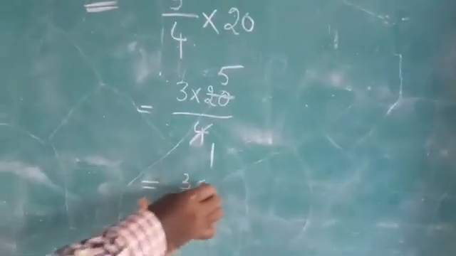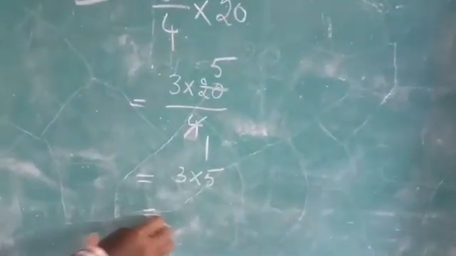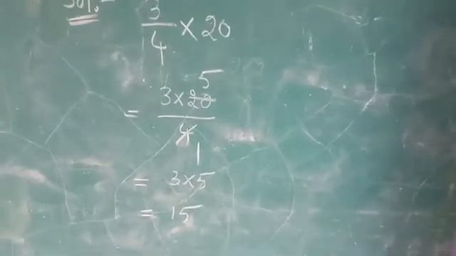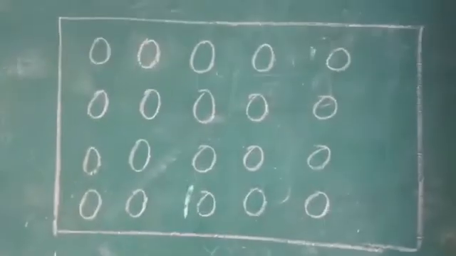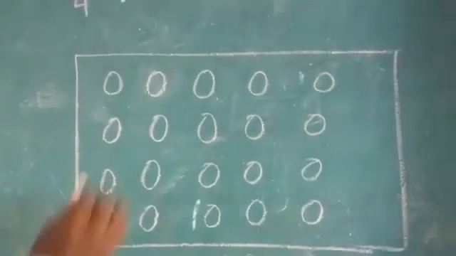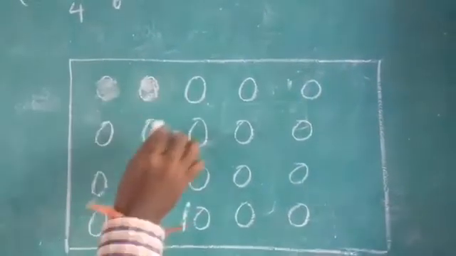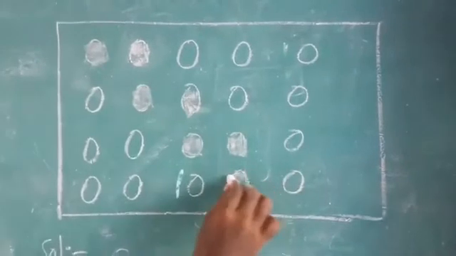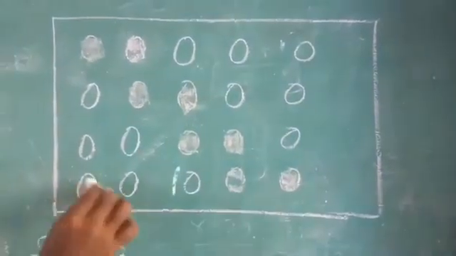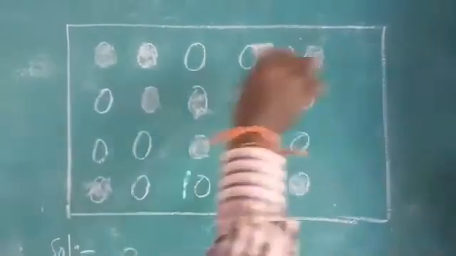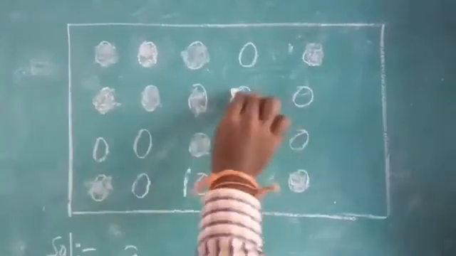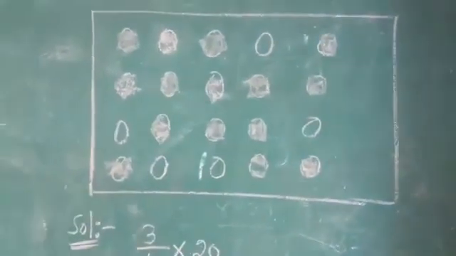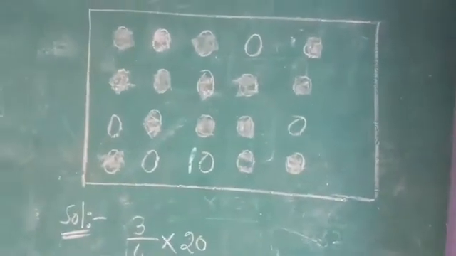So what can you write? 3 into 5. 3 5s are 15. So how many will you shade? 15, yes or not? 1 2 3 4 5 6 7 8 9 10 11 12 13 14 15. This many circles.